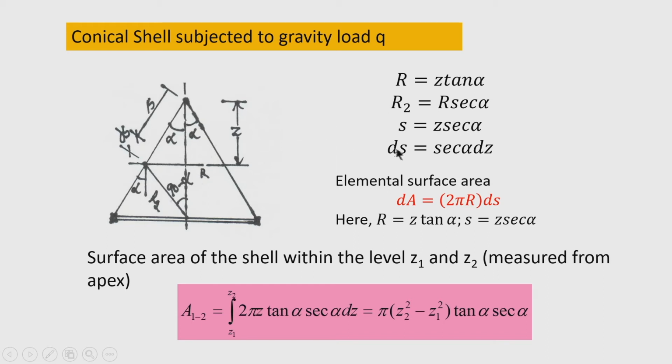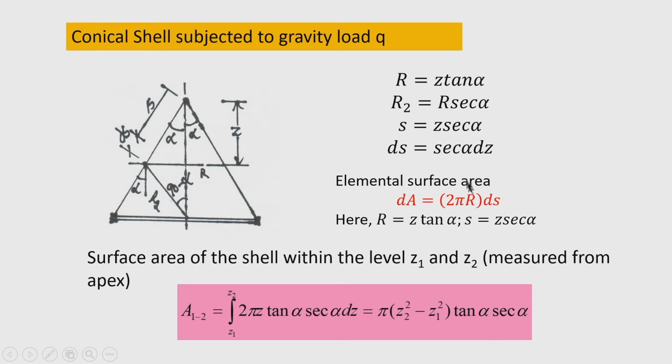Okay. So ds, if I take an elementary surface of the shell of width ds, can be found out as sec alpha dz, because alpha is a constant quantity. The elemental surface area dA will be 2 pi r, that is the circumference of the parallel circle, into ds. I can substitute ds here.